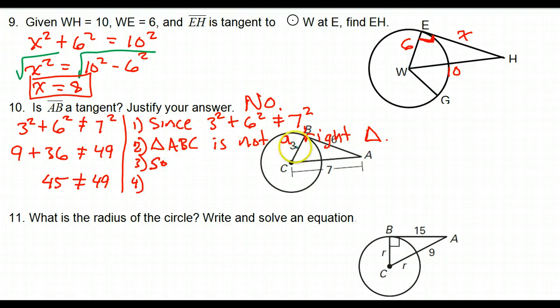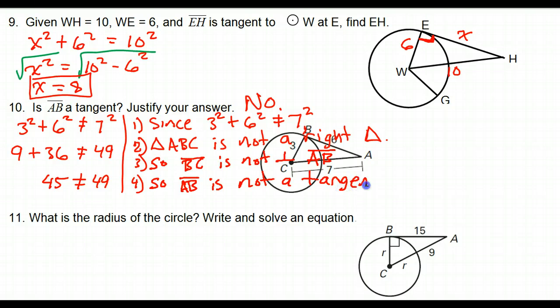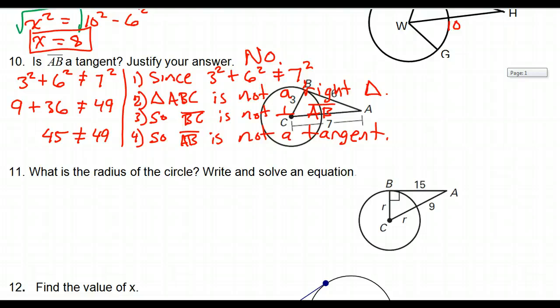So, segment BC is not perpendicular to segment AB. So, segment AB is not a tangent. Alright, that is how you justify that. It takes about 4 lines.